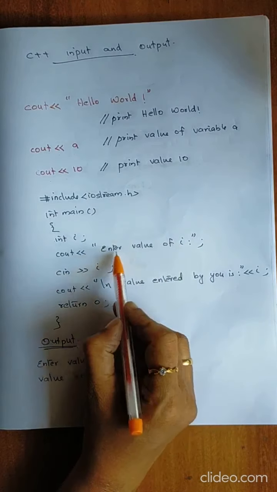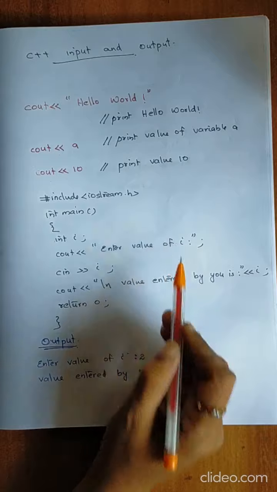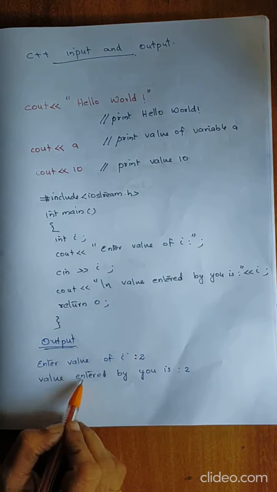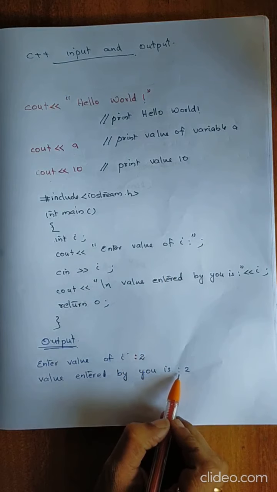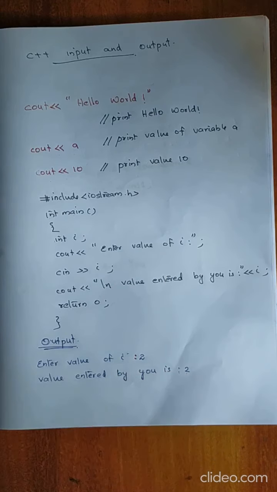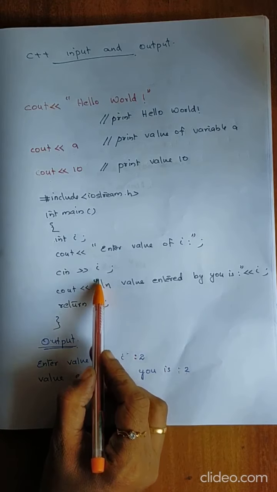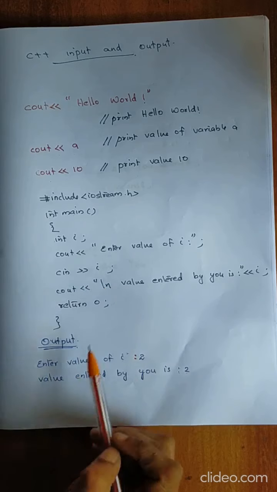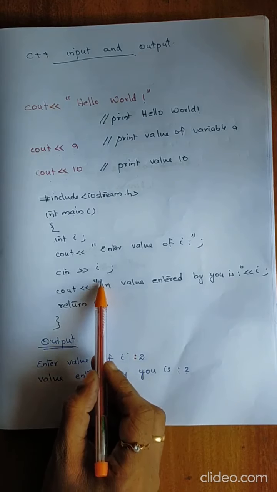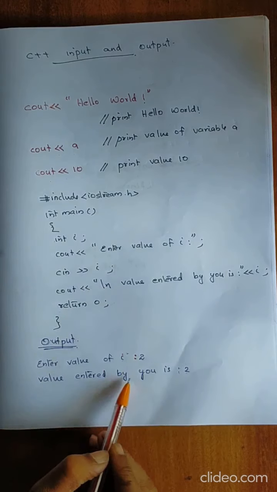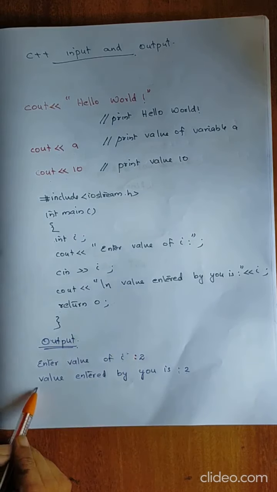Whichever statement is within the double quotes is printed as such as the output. And the value entered by you, colon, equal to 2. And here we use new line, that is slash n. Due to this slash n, this statement, that is value entered by you, comes on the next line.